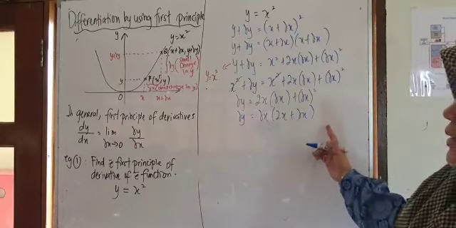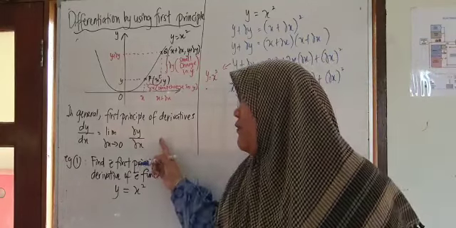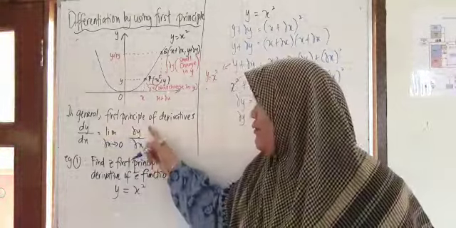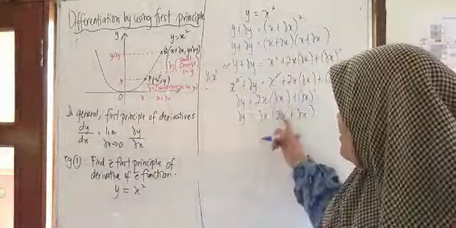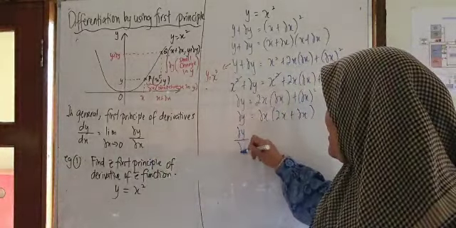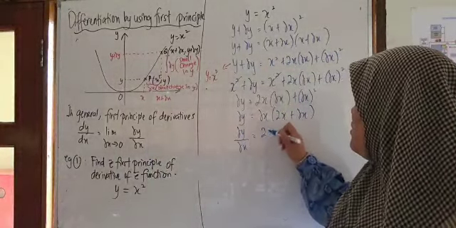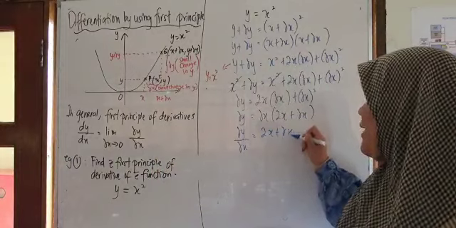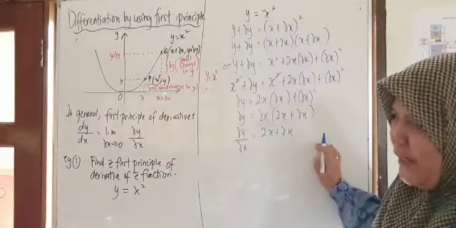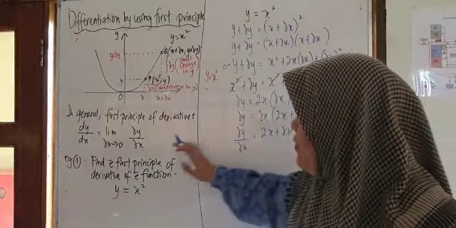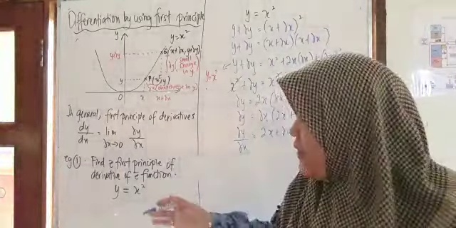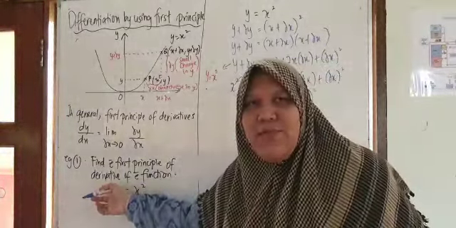Okay, next, refer back to the formula for first principle. We need to have delta y over delta x, but this is only delta y. So delta y over delta x should be equal to 2x plus delta x. But when we talk about the derivative, before, derivative is also said as differentiation.